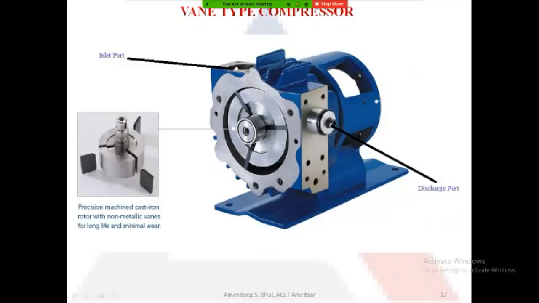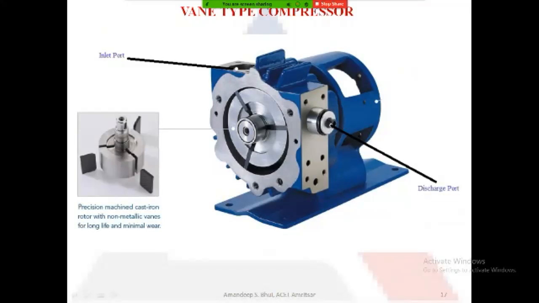Now you can see that the inlet area is larger, where the air is getting inside the compressor. This area of cross section is bigger as compared to the area of cross section at the discharge side, which is very small.